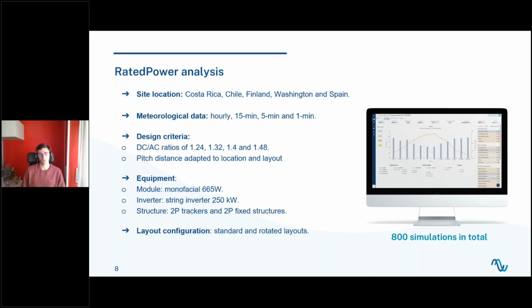Then for the equipment, we selected a monofacial module, a string inverter, and also evaluated both trackers and fixed structures. And finally, we evaluated different configurations with a standard layout, but also with layouts with different rotations, so that we could evaluate that also in this analysis. This means that we carried out 800 simulations in total.